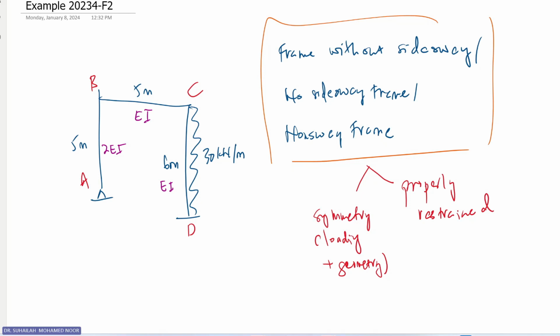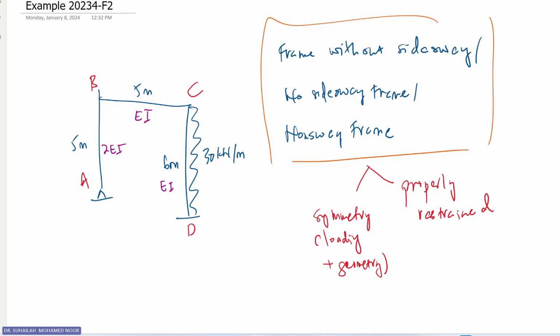The FEM we calculate based on external loading only. For the side sway frame, we calculate FEM due to delta only. Table 1, we calculate FEM due to external loading only.